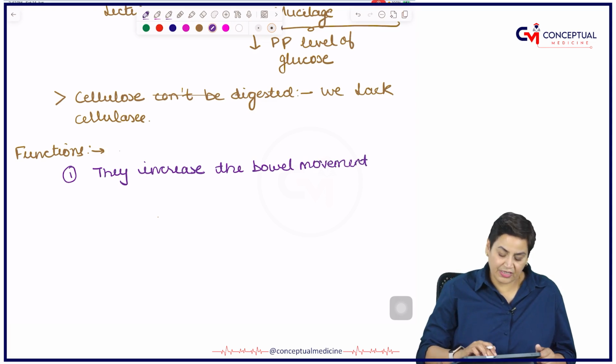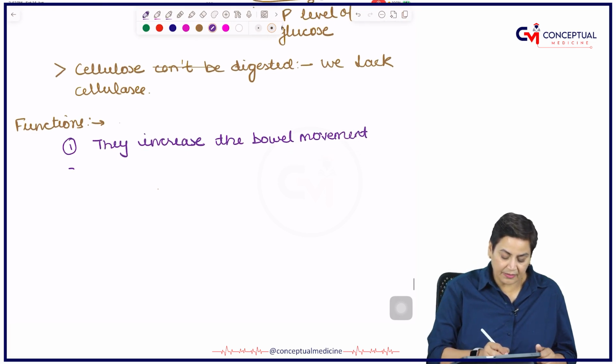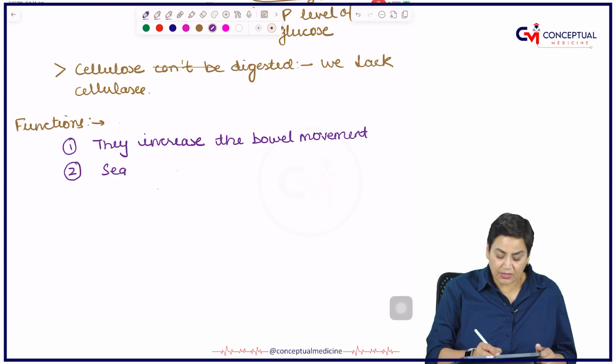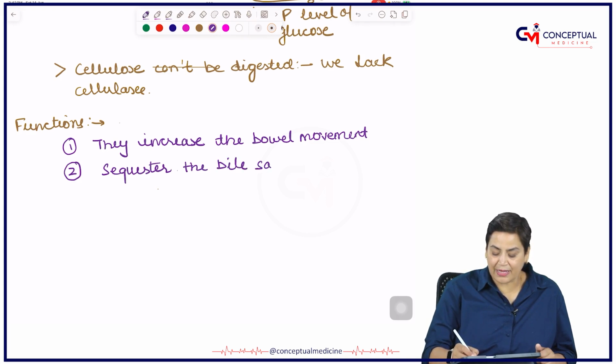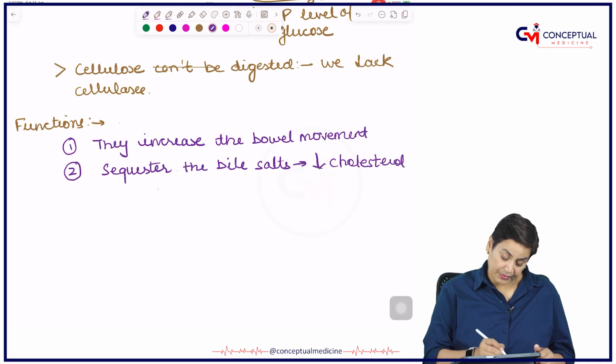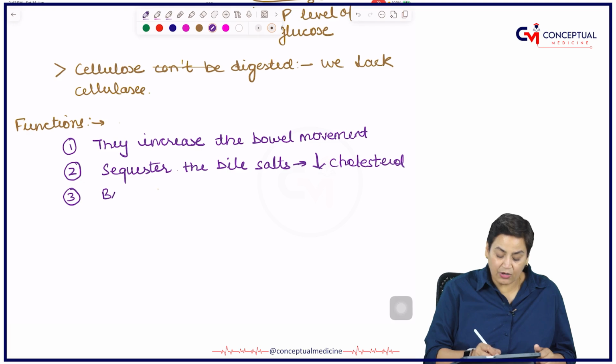Since they can increase the bowel movements, they can actually sequester the bile salts. So if they can sequester the bile salts, they can lead to a decrease in the concentration of cholesterol. Third, just now I told you, they bring the level of glucose down also.